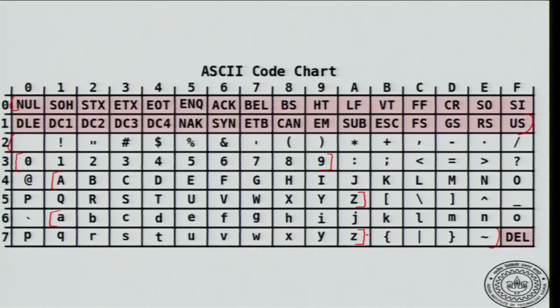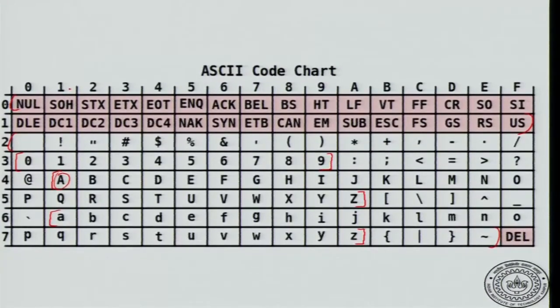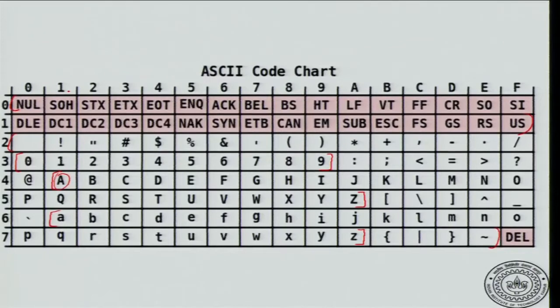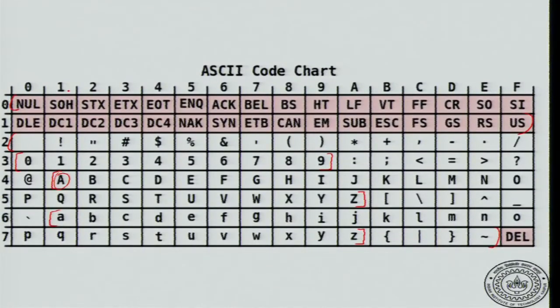We will see in a minute what kind of use we can obtain using these general properties, rather than knowing the specific thing like the character value of A is hex value 41 or decimal value 65. This kind of information, we need not remember.